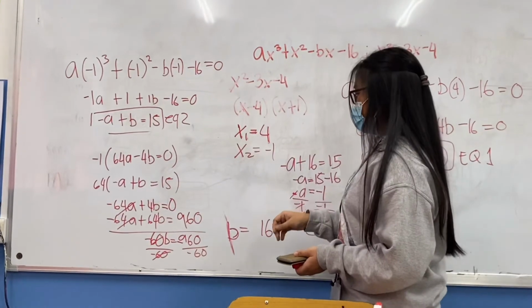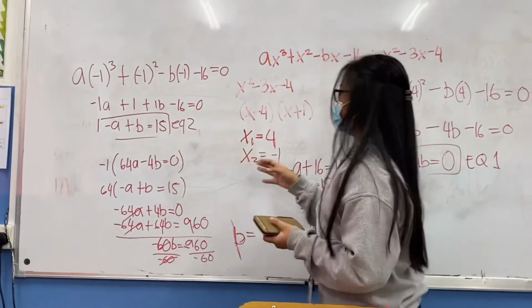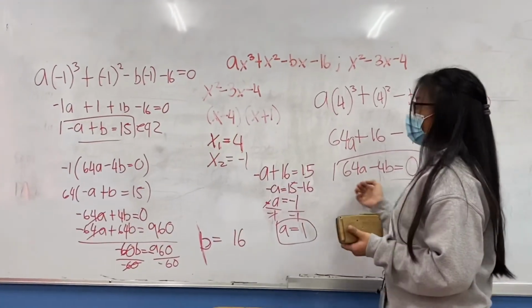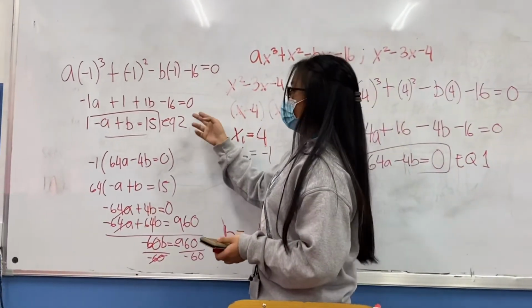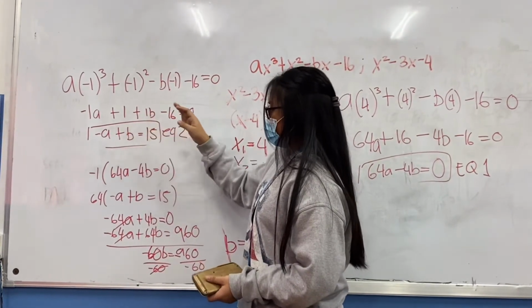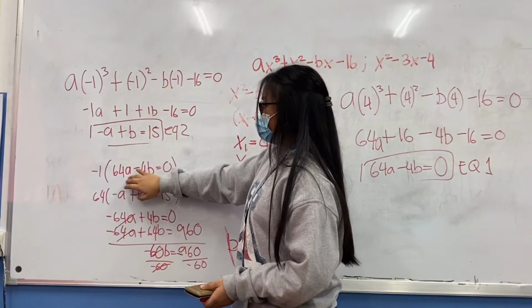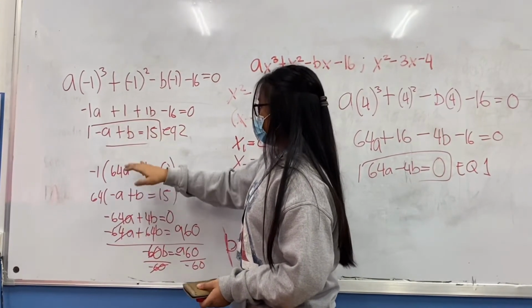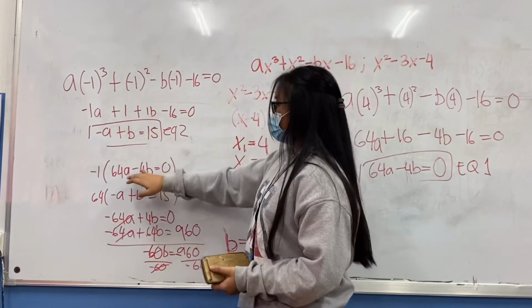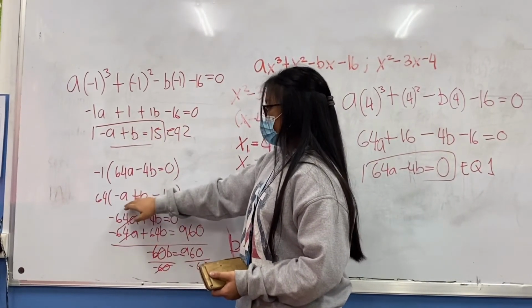Then to find b and a, you take equation 1 and equation 2 and multiply them. You multiply the first term of equation 1 to equation 2 and the first term of equation 2 to equation 1.